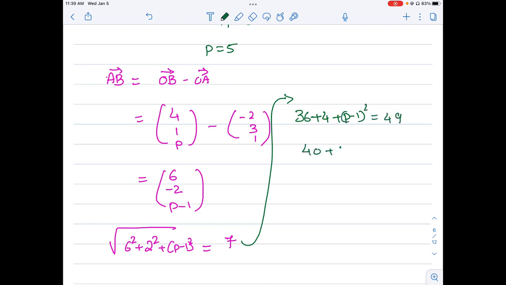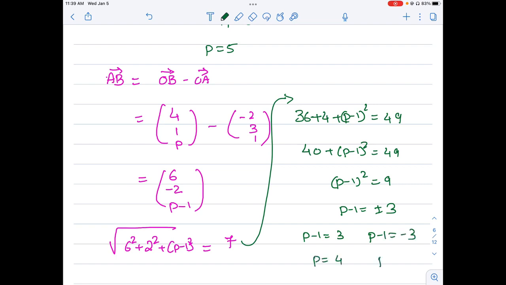So 40 plus P minus 1 whole square equal to 49. P minus 1 whole square equal to 9. So P minus 1 equal to plus or minus 3. I take positive 3 and I take negative 3. So P is equal to 4 and P is equal to negative 2. So the values of P are 4 and negative 2.